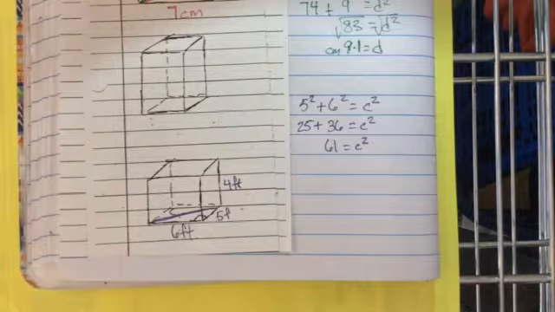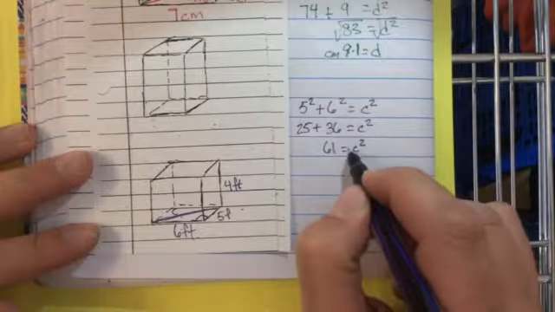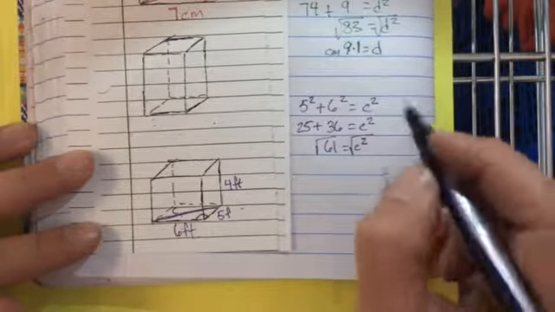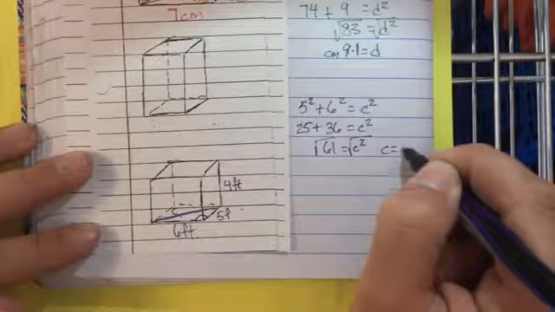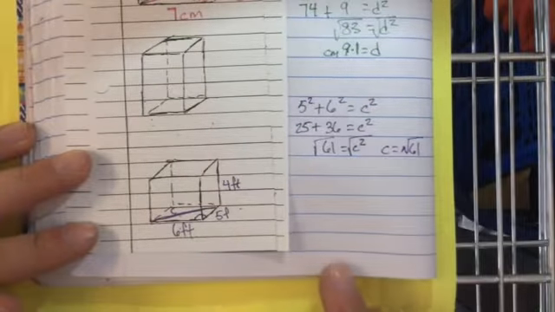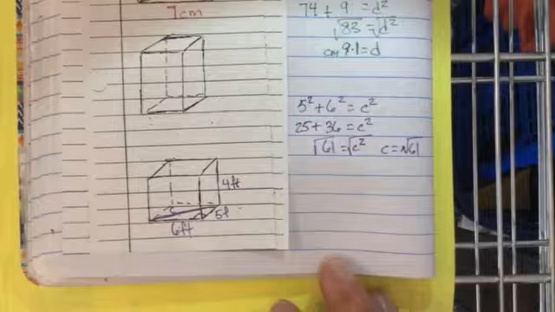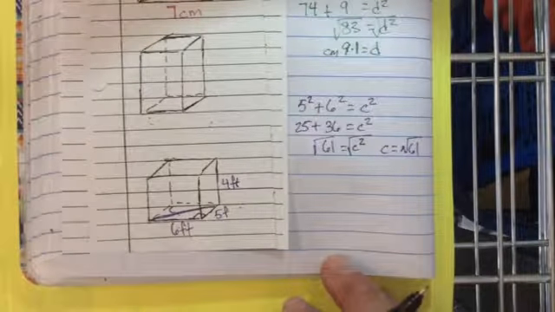So now we have C squared equals 61, so we're just going to go ahead and take the square root of both sides. And we get that C equals, we're just going to leave it as the square root of 61 for our C's in 3-dimensional problems.